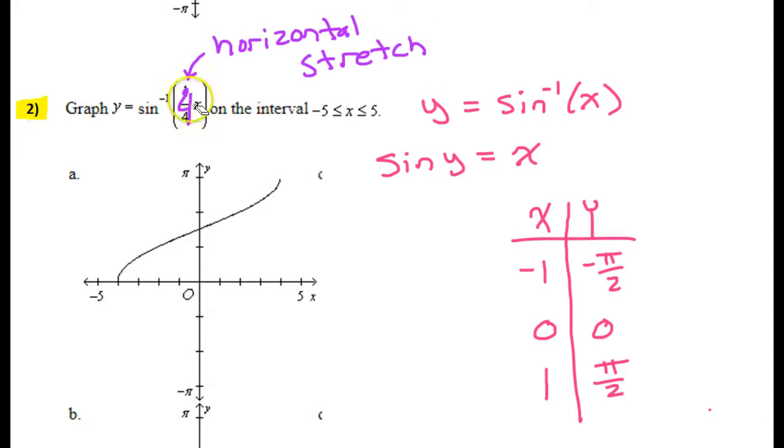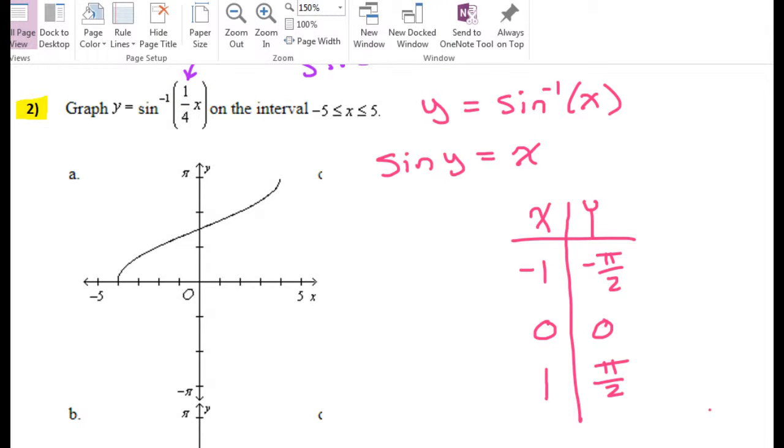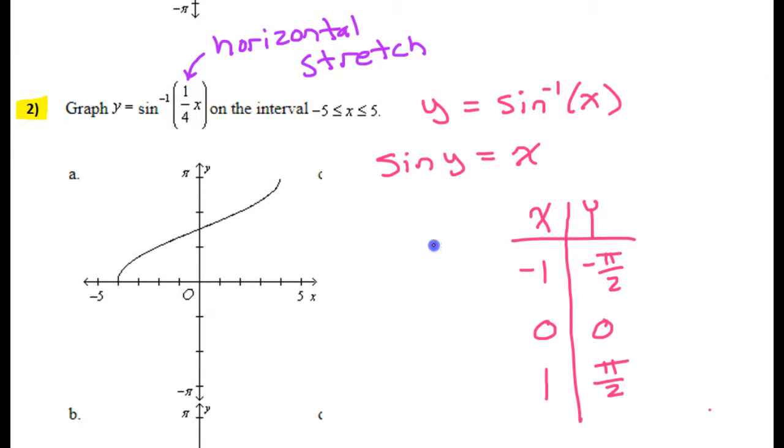Okay, but since this is a stretch, that means it's going to change my x values and make them bigger. And specifically, the 1/4 tells me that it's going to be a stretch by 4. Okay, it's the reciprocal.